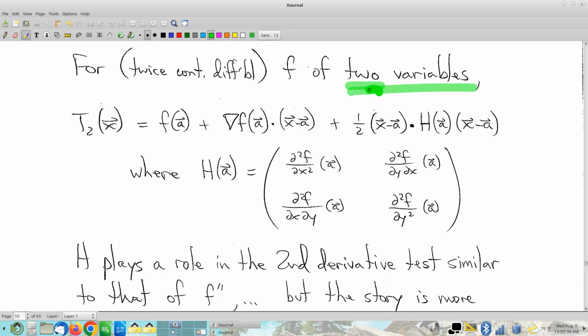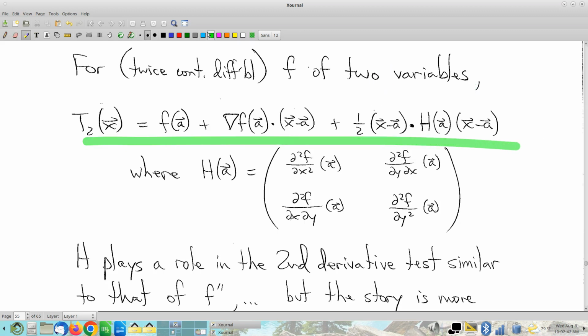So that being said, here's what the second order Taylor polynomial looks like. You're going to recognize some of this. Notice that these 0th and first order terms, well, that's just the linear approximation. We've seen that before. That's our old friend. It's exactly the linear approximation, right?